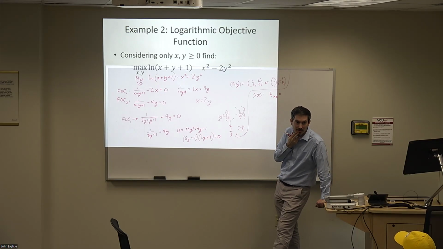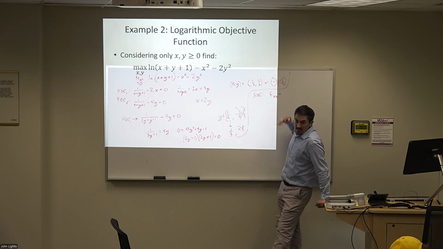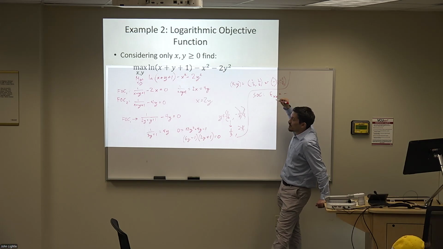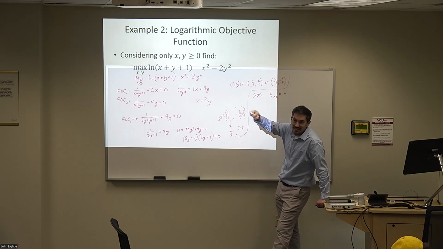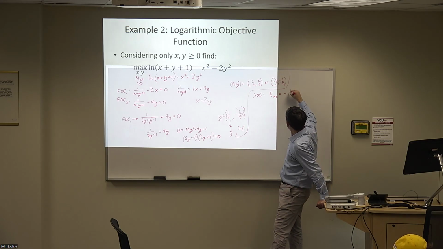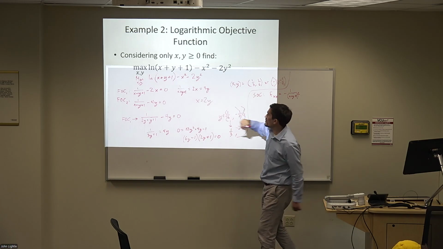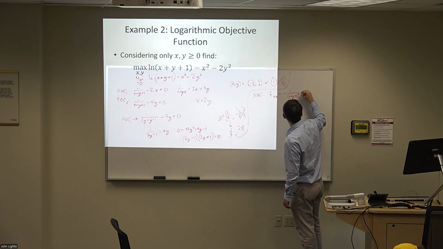Something to the -1 power becomes -1 times the thing to the -2 power. So -1 over (x plus y plus 1) squared.